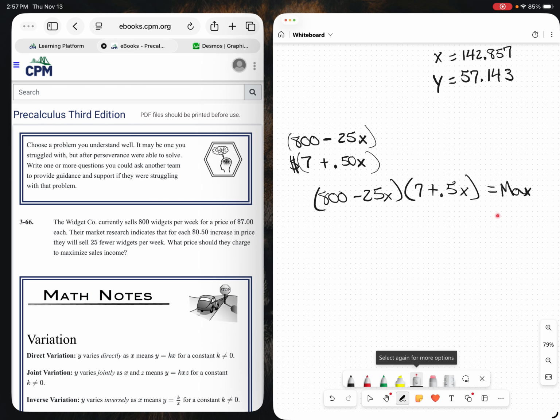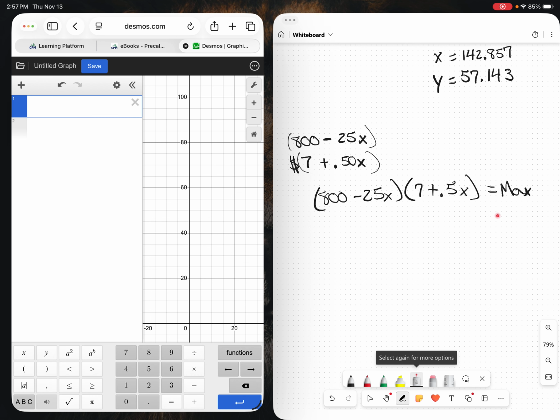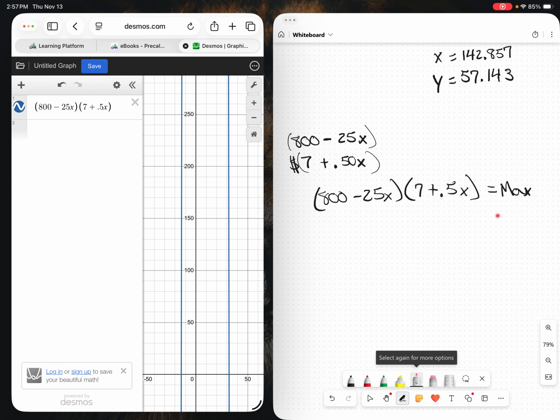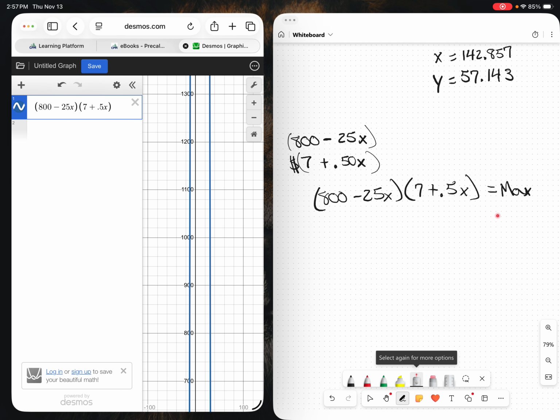So again, if we put this in, so let's go 800 minus 25x times 7 plus 0.5x, and we graph this, we can see our parabola, right? And our maximum is going to be way up here somewhere.